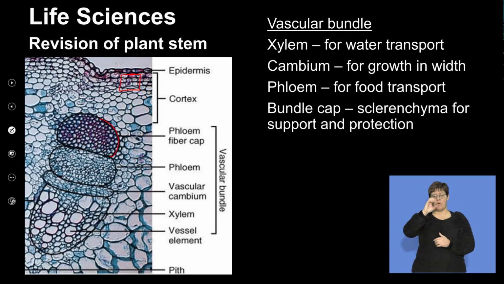Then, on the outer part is the bundle cap. That is the phloem. Then that is the layer of meristematic cells called the cambium. And at the bottom, our very, very big cells with thick walls, which are your xylem vessels.